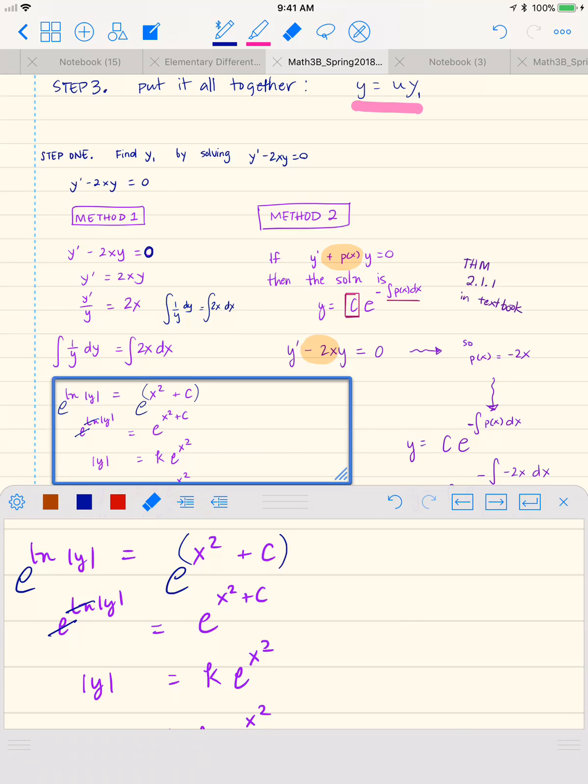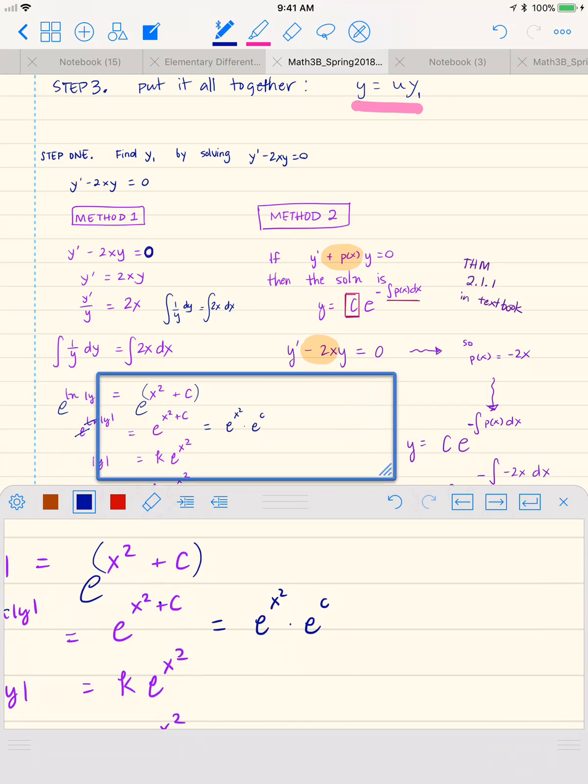And just as a reminder, how did we get the k? We can rewrite e to the x squared plus c as e to the x squared times e to a constant, right? And e to a constant is just going to be that constant times e to the x squared.